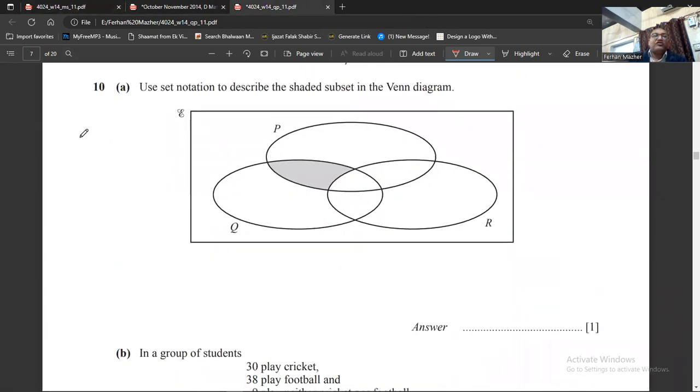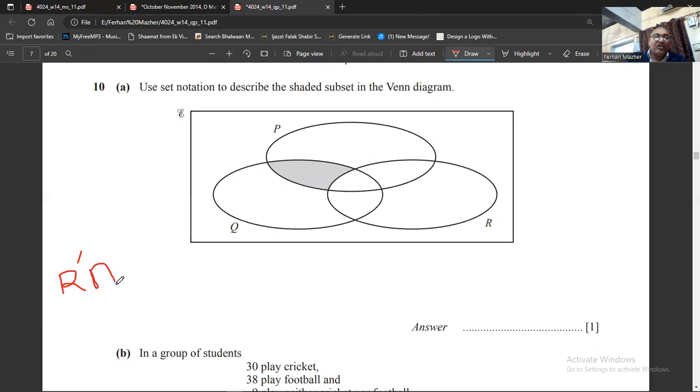Okay, we have the next question. He says use set notation to describe the shaded subset in the Venn diagram. This shaded portion, that is R complement. This is out of R. So this is 100% R complement.